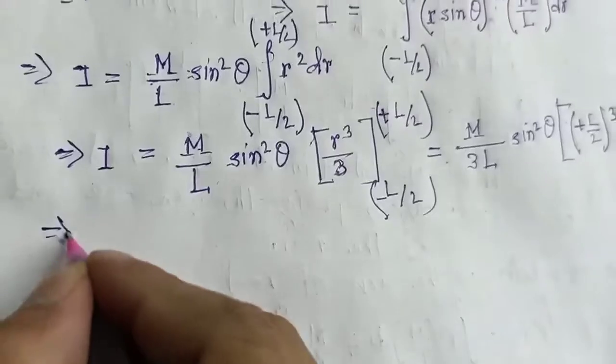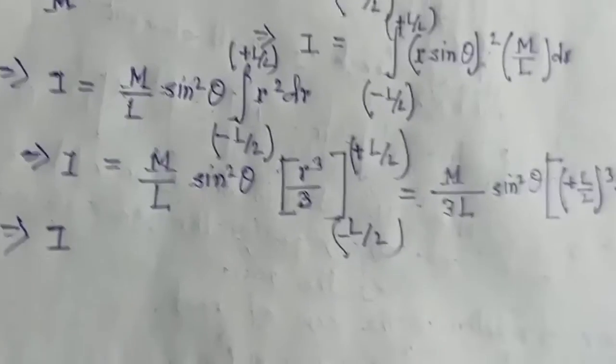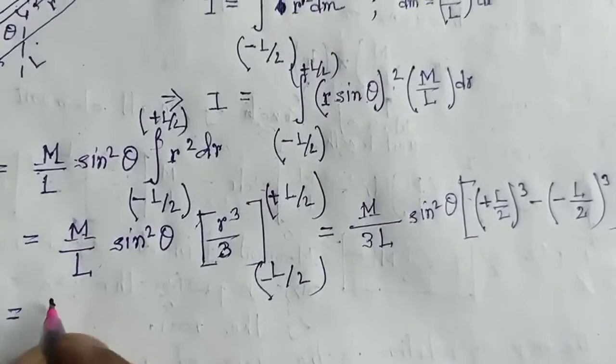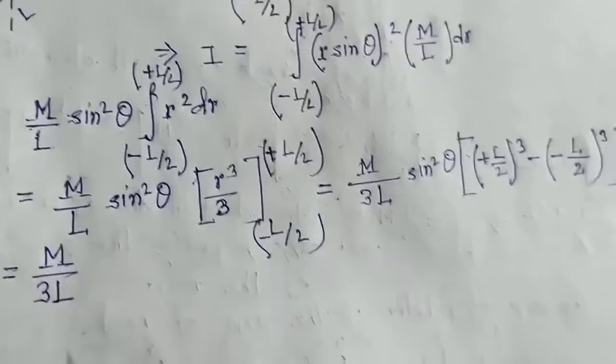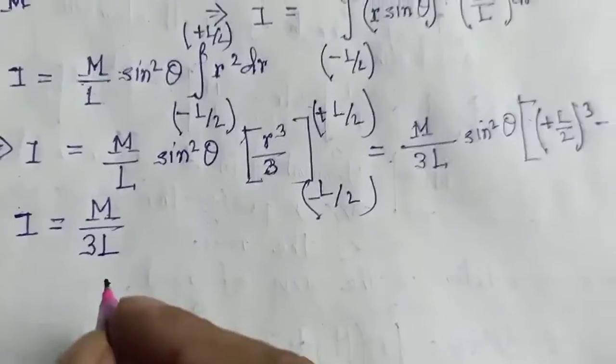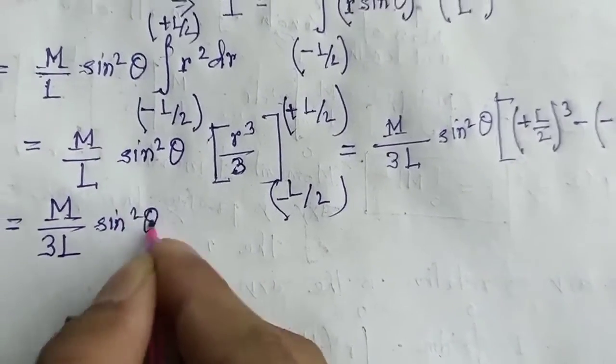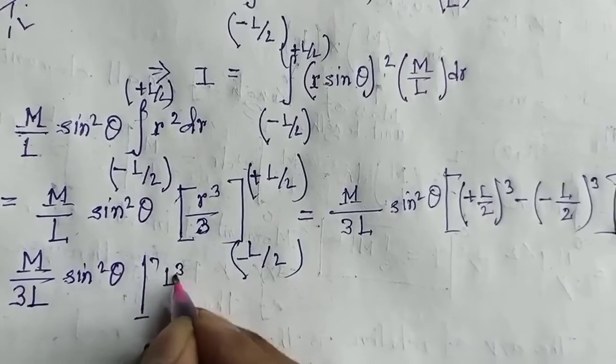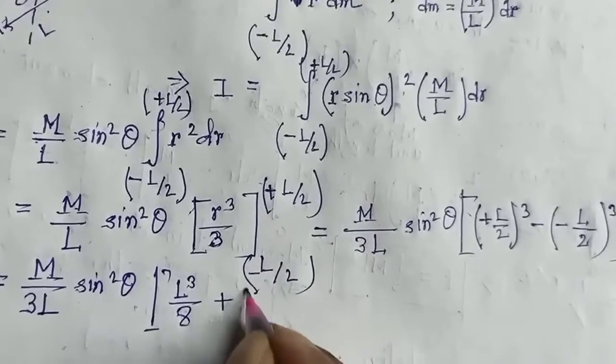So I becomes m divided by 3L sine square theta, times L cube divided by 8 plus L cube divided by 8.